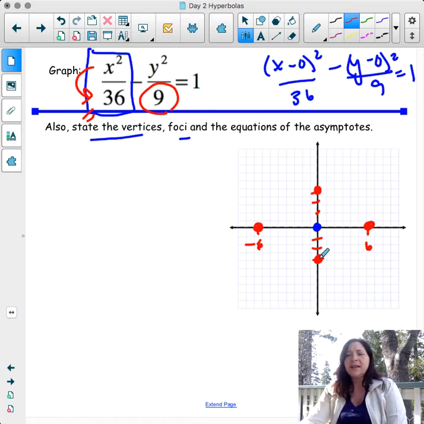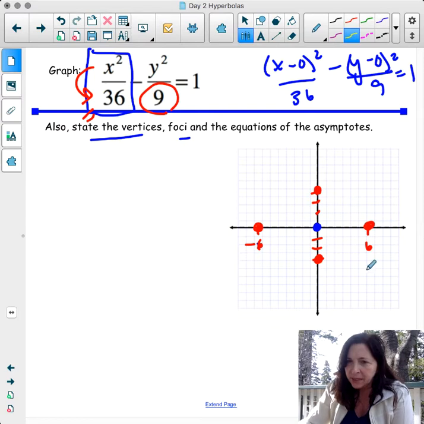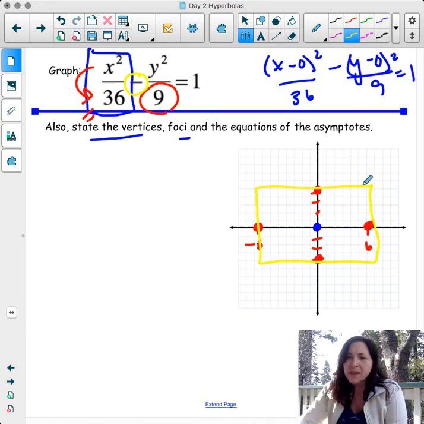Now, I know it's really easy to want to make an ellipse, but you've got to notice that this is a minus. And that means it's going to be a hyperbola. What I suggest is you create a little box like this. I think this is easiest to do this way. And you put in your asymptotes like this.